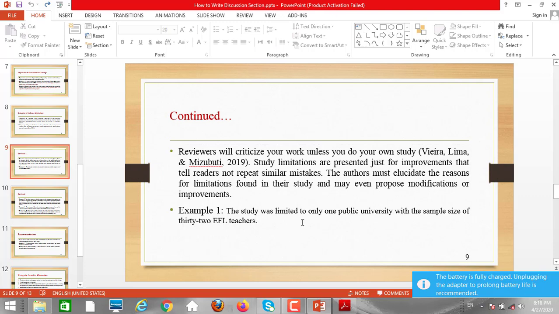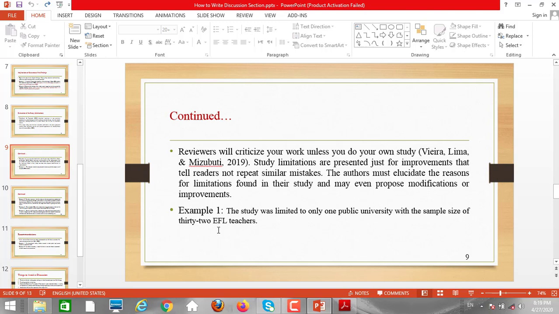Here I can say that these two are my limitations, and to provide reasons why they are limitations, I can recommend that future researchers who want to conduct similar research on the same topic extend their population to other public universities as well, and meanwhile increase the sample size.